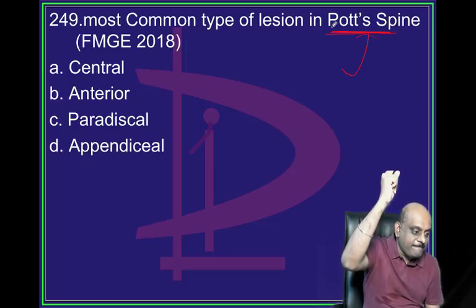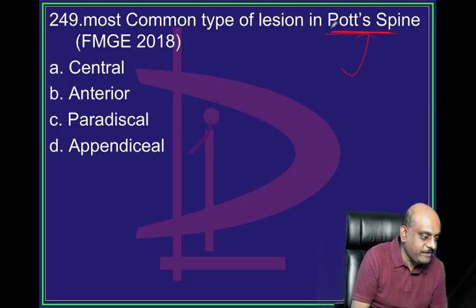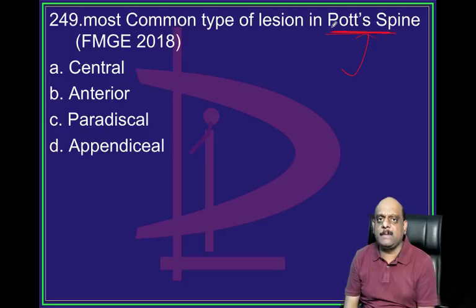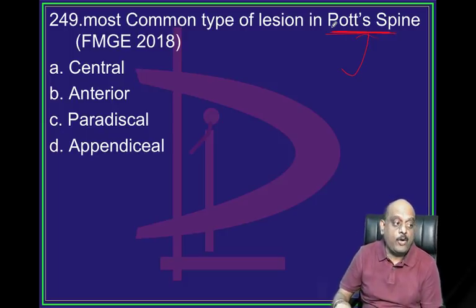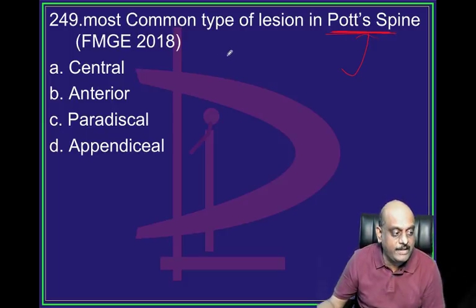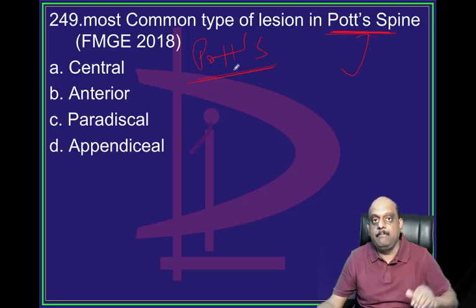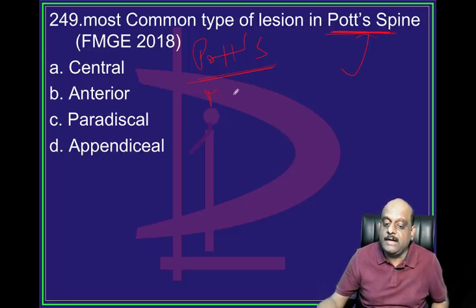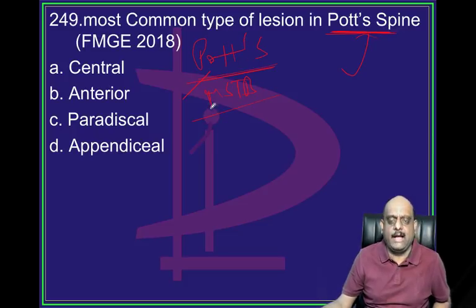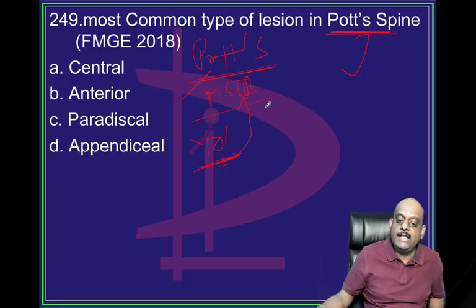Give me the emphatically correct answer, doctor, without missing. A substandard question. Pott's spine, without that there is no question paper, doctor. Pott's spine. I am betting musculoskeletal TB is an age-old favorite area. 1 out of the 10 questions in orthopedics is going to see the light.